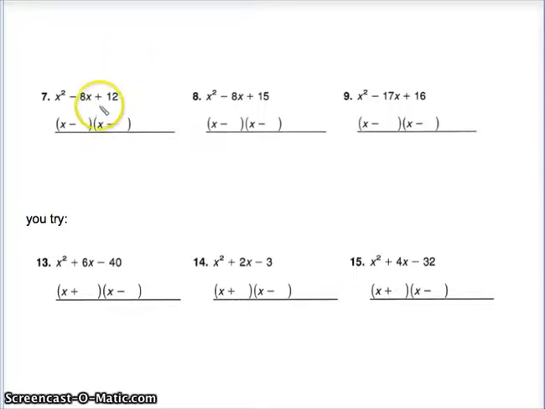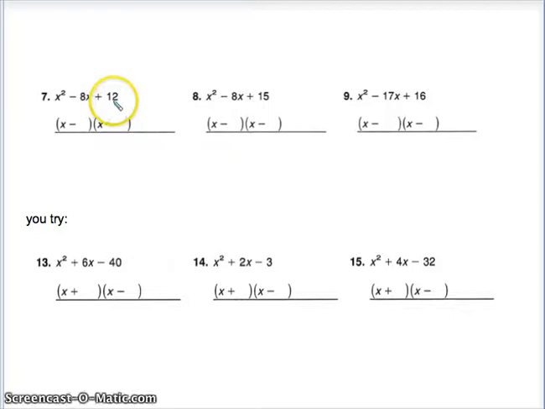But now, if you look here, I have a positive constant and a negative middle term. So I'm looking for numbers that multiply to be positive and add up to be negative, that tells me that both signs need to be negative. Again, they multiply to be a positive number, add up to be a negative number. They both must be negative.